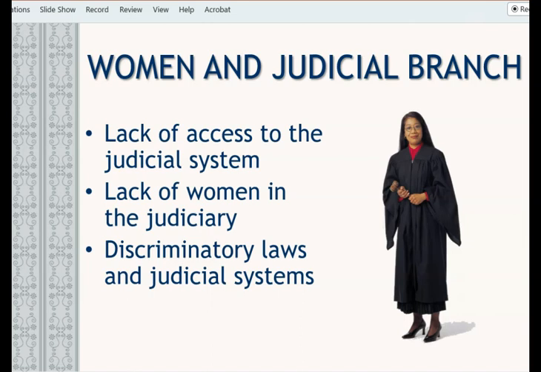But again, when you look to the lower levels below the Supreme Court, there has been a historical lack of access to the system for women. And is it changing? I would say yes, slowly, but not nearly enough. And really, for women to step into these roles is important, to be able to address some of the discriminatory laws within the judiciary, and make sure that we have equity and diversity within the judicial system.